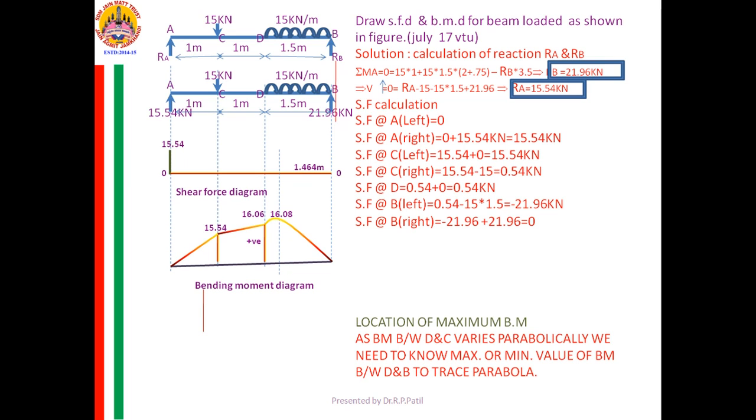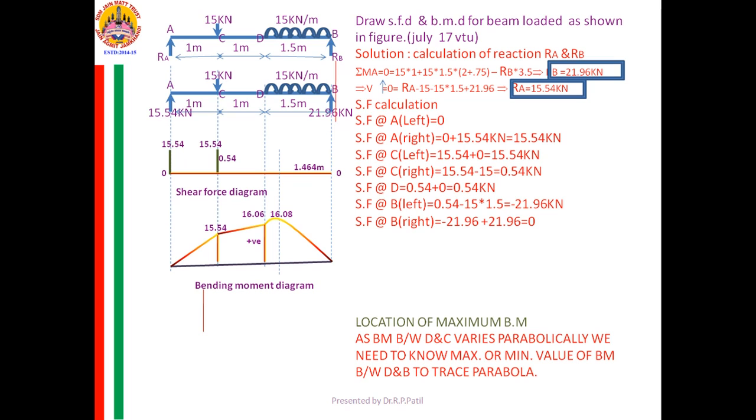Now at left of C, you draw an ordinate of 15.54. Now SF at right of C, when I cross it, SF becomes 0.54. That line is matching with it, that is why that won't appear here.